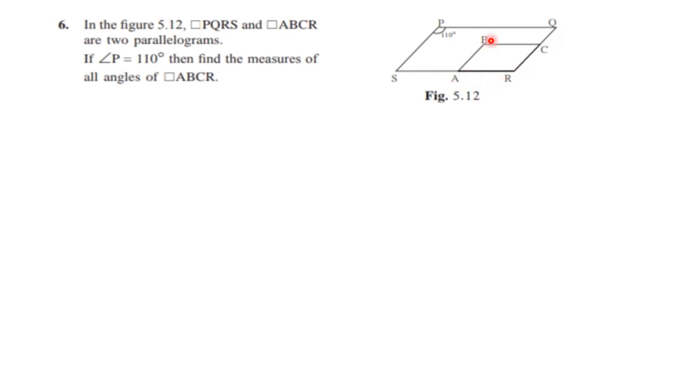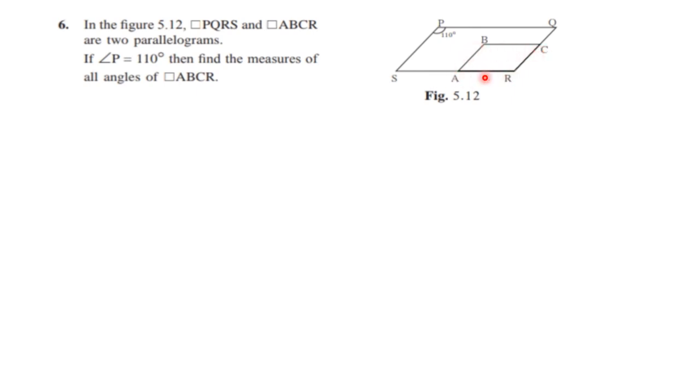Okay. So now ABCR they have given us a parallelogram. Correct. So ABC is equal to ARC, opposite angles of the parallelogram. So just now we have found out that this is 110 degree. So this also now becomes 110 degree. Okay. Now they say ARC plus your BAR. They are adjacent to each other.